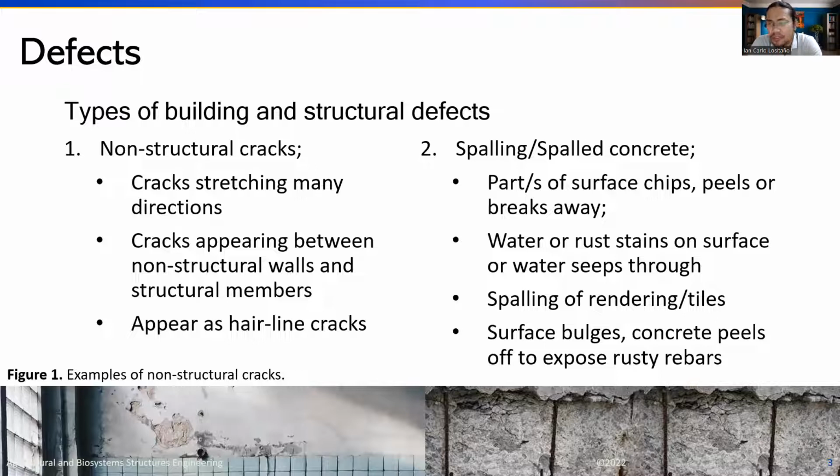The parts of the surface chip, peel or break away. Water or rust stains appear on the surface, or water seeps through the wall, and the surface also bulges. The concrete peels off, exposing the rusty reinforcing bars. Those descriptions would give you the very idea of what to see, because they are very visual.